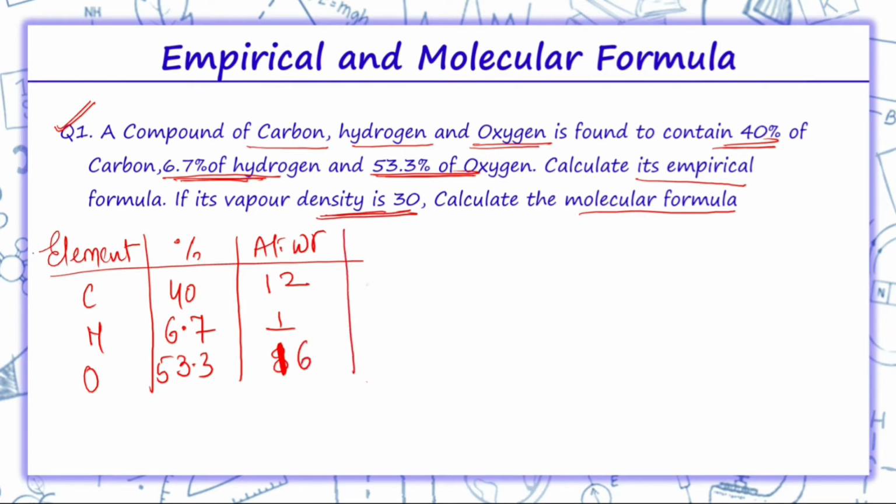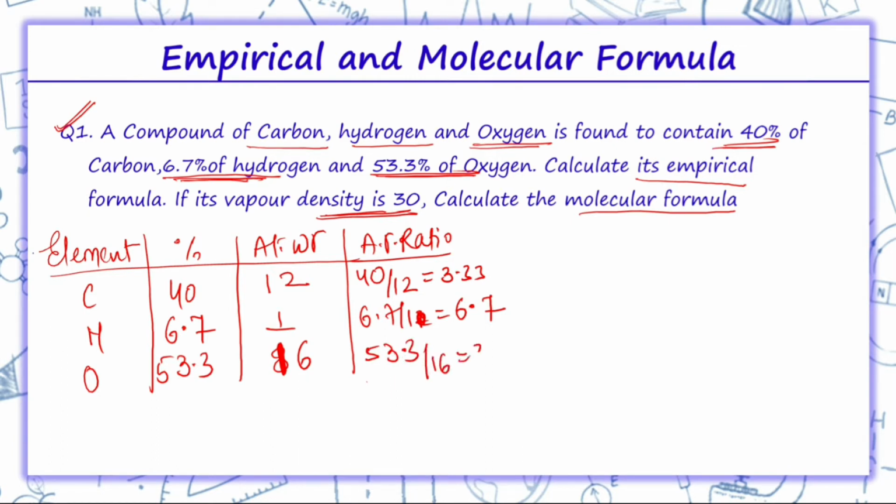Now we will find the atomic ratio. So atomic ratio is equal to the percentage upon atomic weight, that is 40 by 12, which is equal to 3.33; 6.7 upon 1, which is equal to 6.7; 53.3 divided by 16, which is again equal to 3.33.